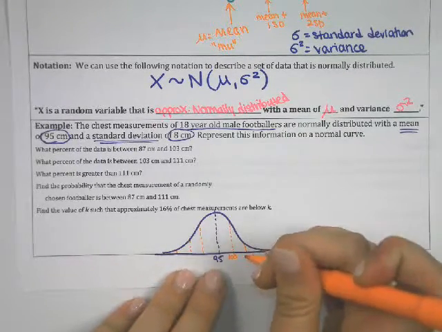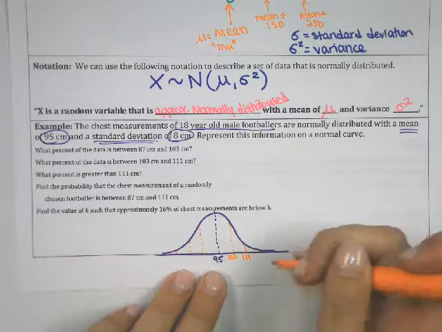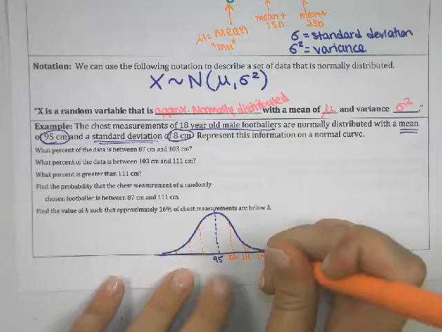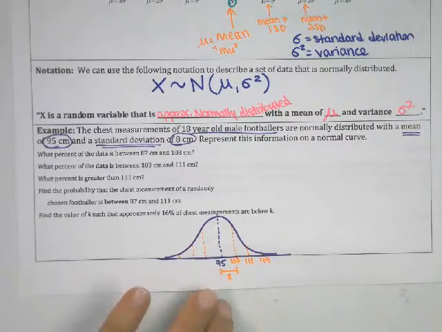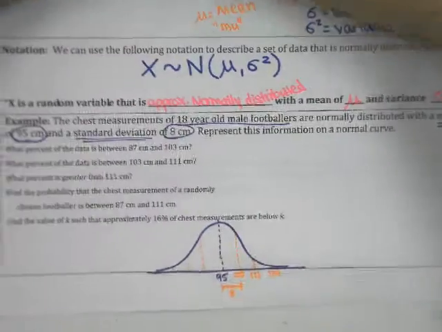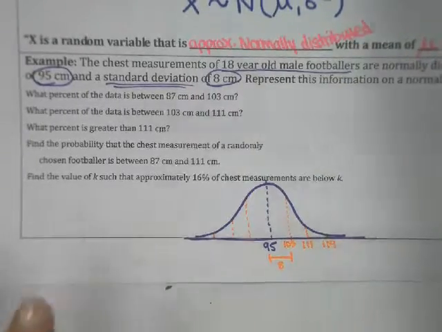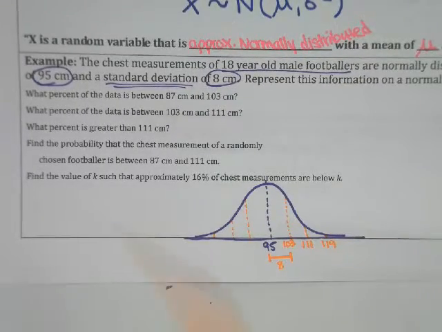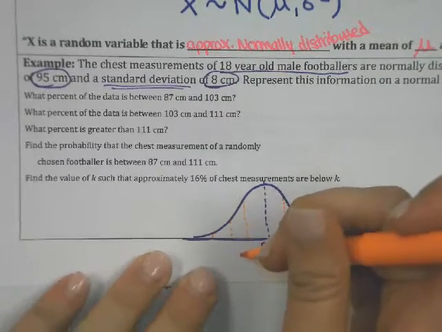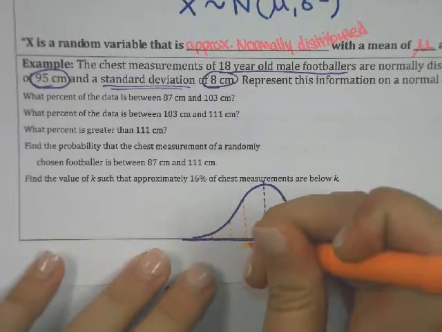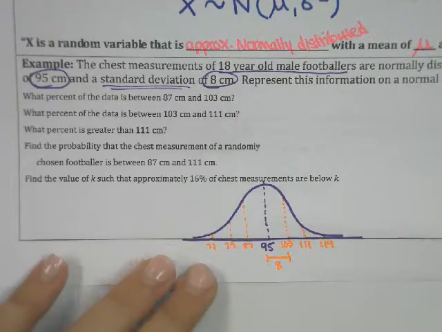If we go 2 standard deviations, we just add 8 again, which is 111. 3 standard deviations, we go to 119. So this is a standard deviation. It's 8 across. See if I can zoom in a little more. Still be clear. All right, that looks pretty good. We can also go the other direction. So we take our 8 away from the mean. So 95 minus 8 is 87. Minus 8 is 79. Minus 8 is 71.